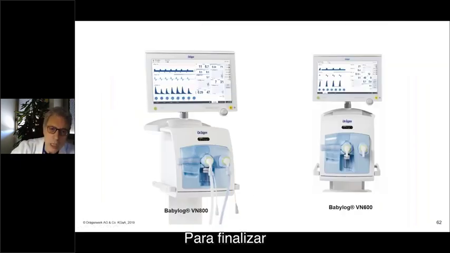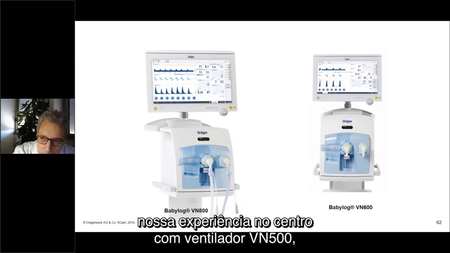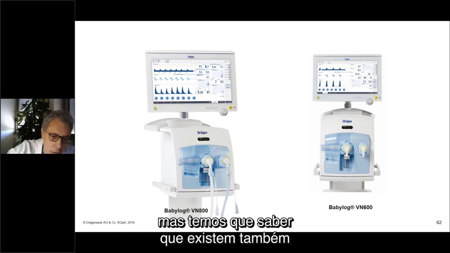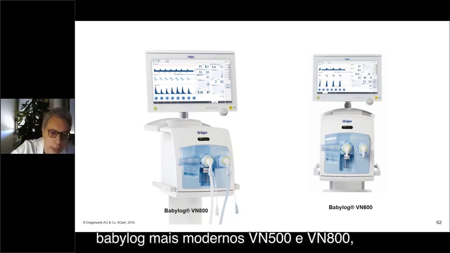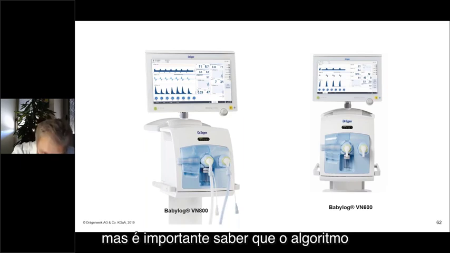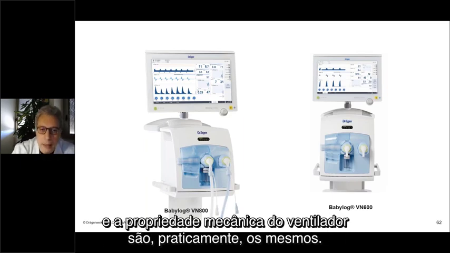And just to finish, our experience in our center is with the VN500 ventilator, but you have to know that there are also available the more modern Babylog VN600 and VN800, but it's important to know that the algorithm and the mechanical properties of the ventilator are pretty much the same.